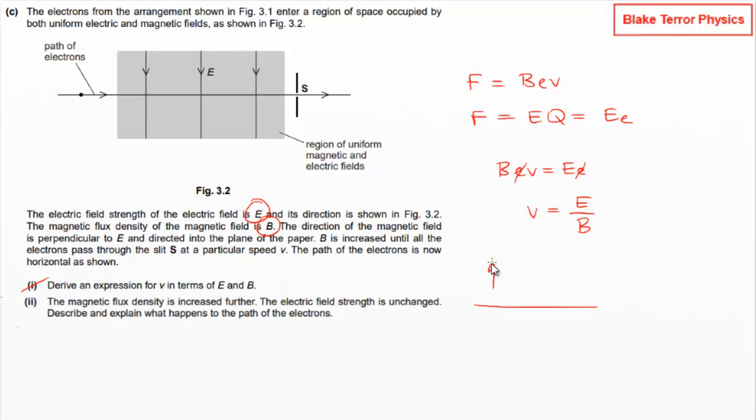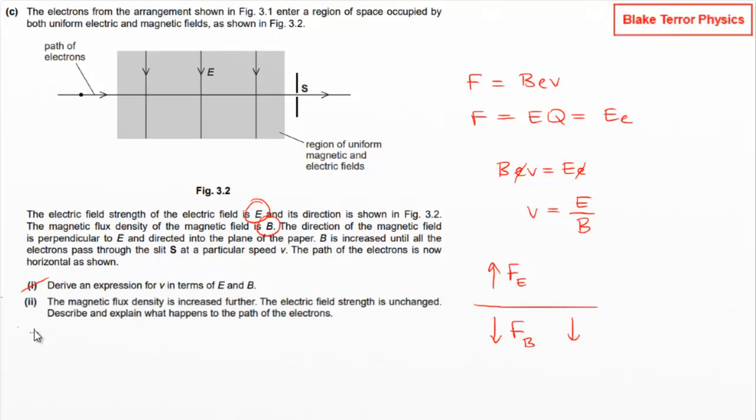So the force from the electric field on an electron will be upwards. So we've got an upwards force from the electric field. So we must have a downwards force from the magnetic field. Now we're increasing the magnetic force. So this is increasing. So it's going to bend downwards. So we need to describe and explain.